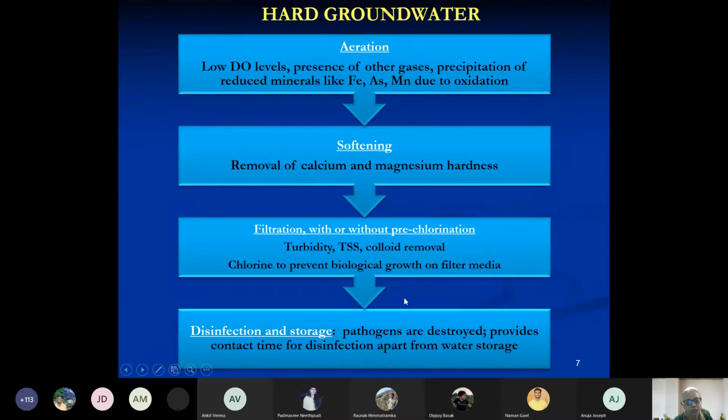So in all cases, the objective is to destroy pathogens, pathogens being disease-causing organisms. And you have to provide sufficient contact time to prevent these microbial organisms from entering the distribution system and regrowing in the distribution system.